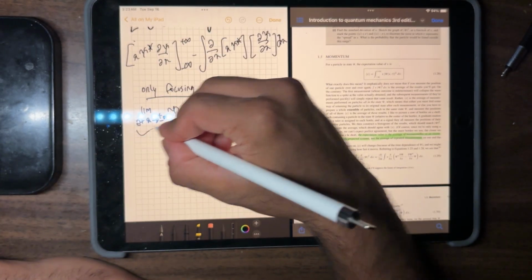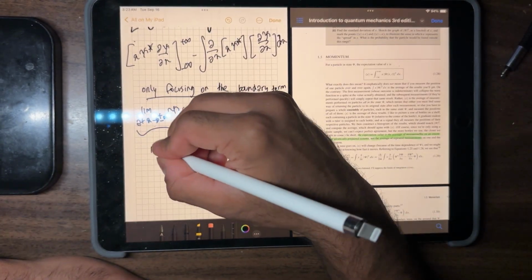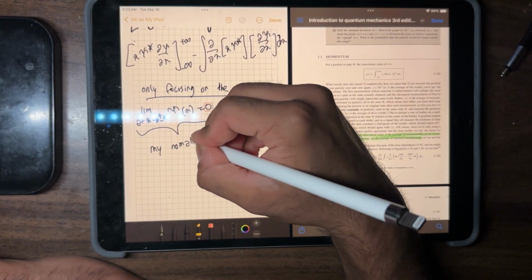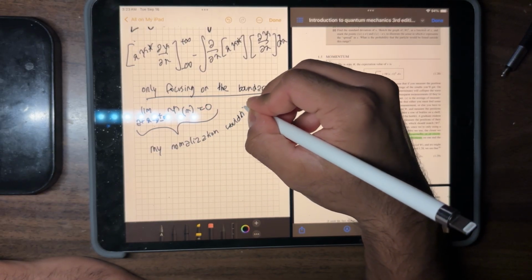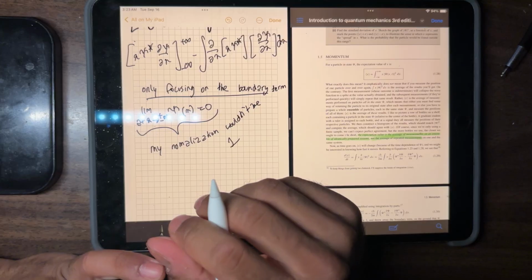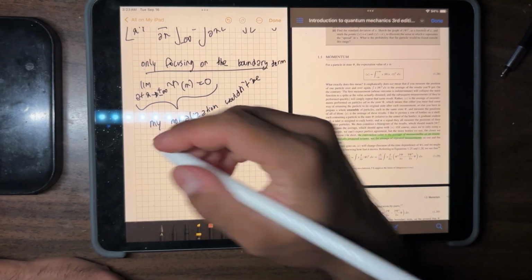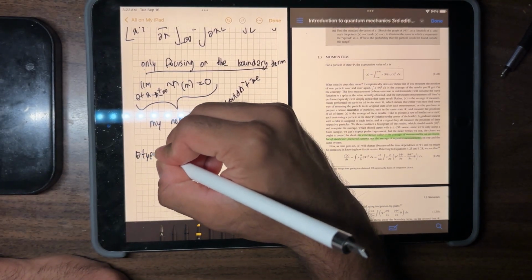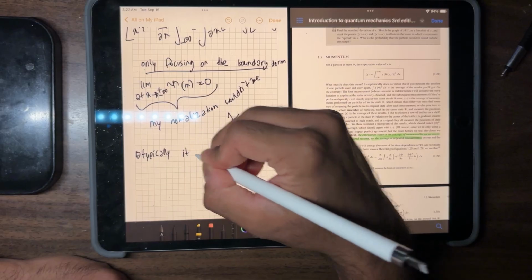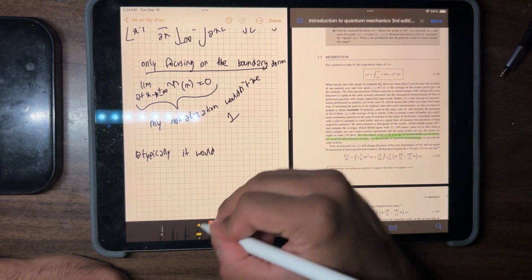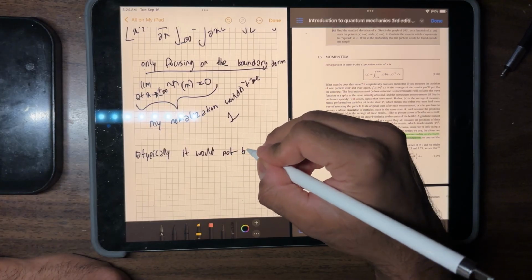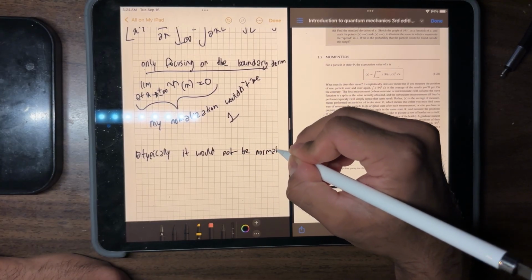And if this is not met, my normalization wouldn't be 1. So typically it would not be normalized.